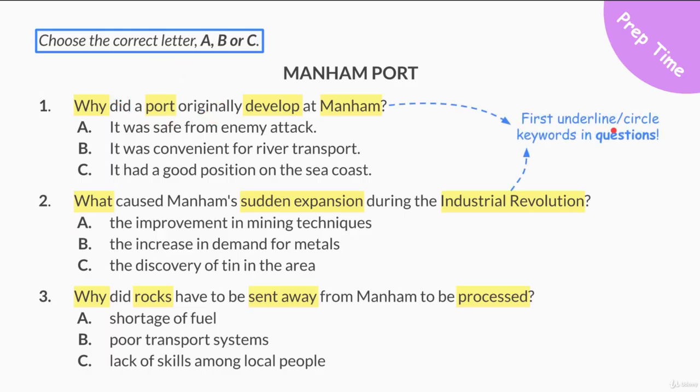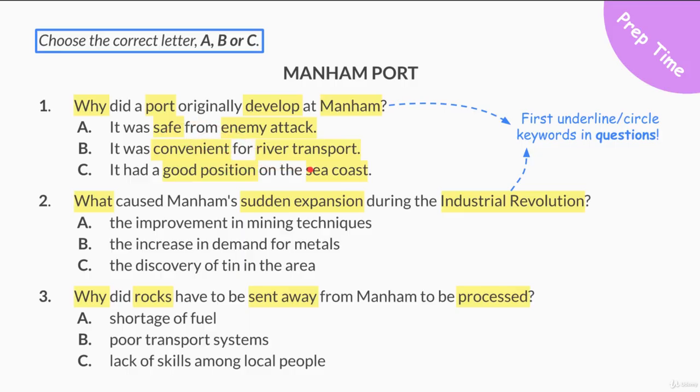So after you have marked all of these keywords in the questions, what are you going to do next? Can you guess? If you guessed mark the keywords in the answer choices, then that is correct. That's exactly what we're going to do if we have extra time left over after marking the keywords in the question. Only then should you go back and mark the keywords in the answer choices.